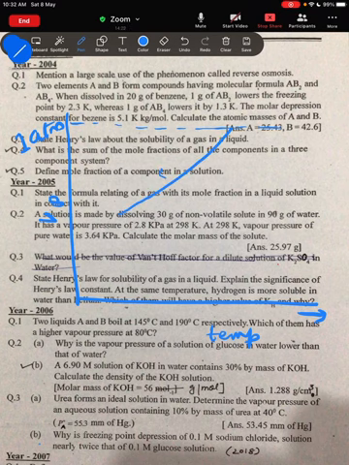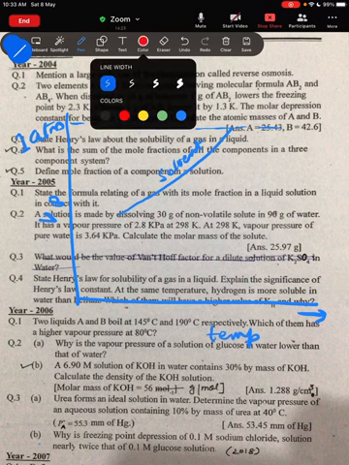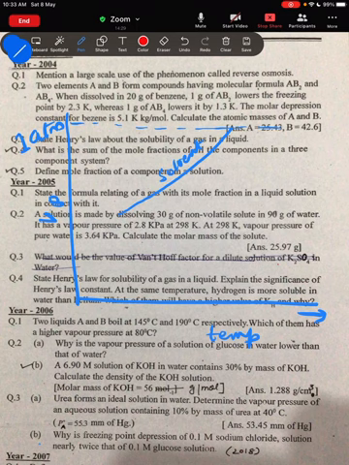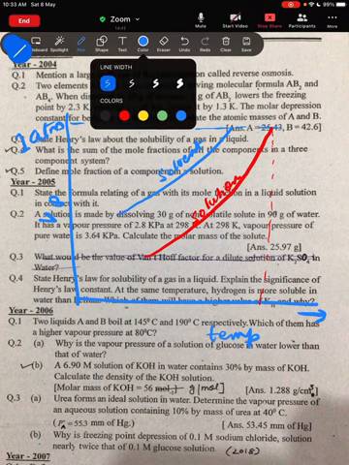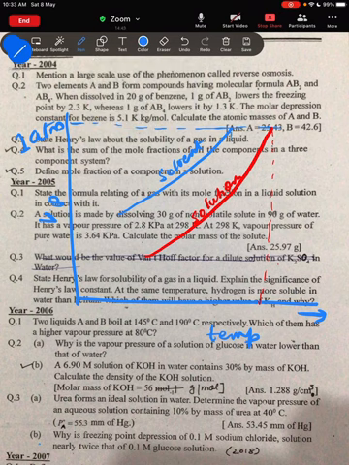This is the curve for solvent, and for solution the curve is lower. This is the boiling point of the solution, and this is the boiling point of the solvent.